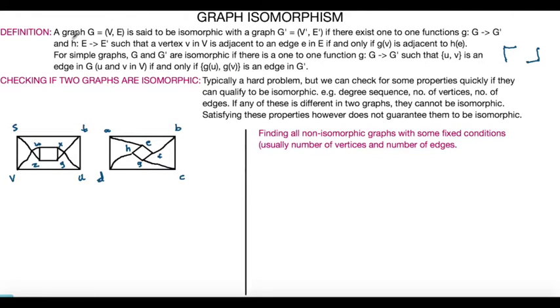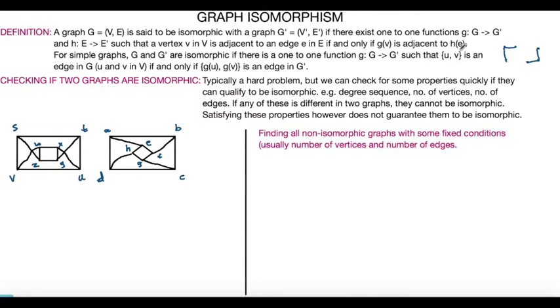So the proper definition of a graph isomorphism goes like this. We say that graph G, which is equal to a set of vertices V and a set of edges E, is said to be isomorphic to graph G prime, which is defined by a set of vertices V prime and a set of edges E prime, if there exist one-to-one functions from V to V prime and E to E prime such that a vertex in V is adjacent to an edge in E if and only if g(v) is adjacent to h(e).